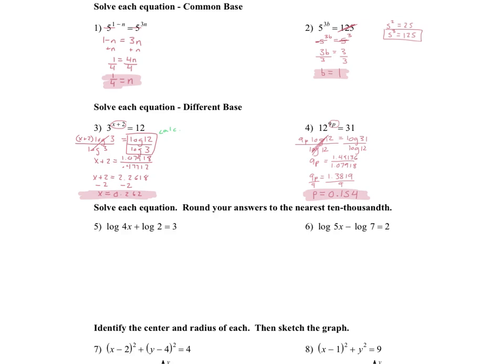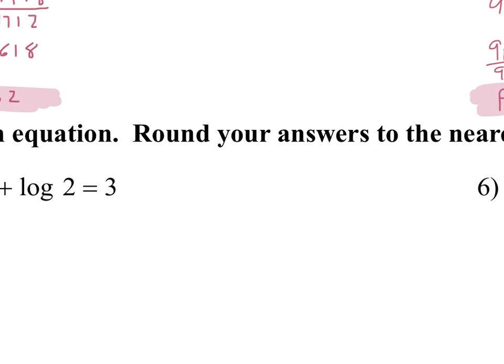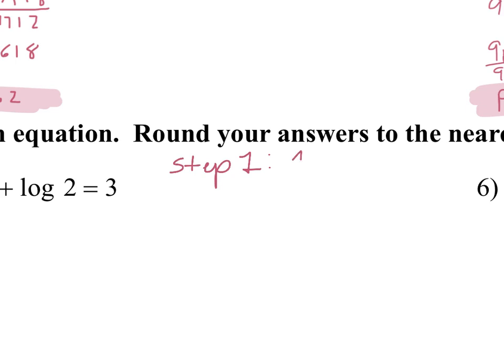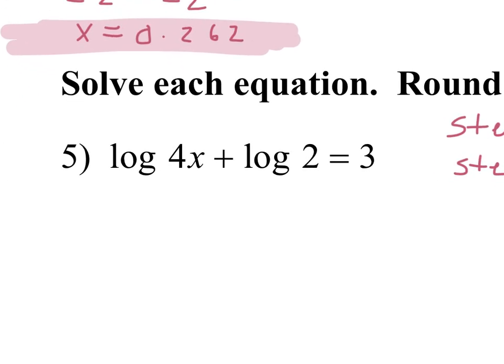Alright, number 5. So for these two problems, step 1 is to get it to be 1 log, and step 2 is to put it into exponential form. So for question number 1, we need to get it to be 1 log.